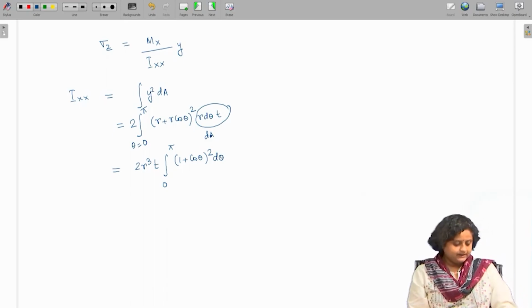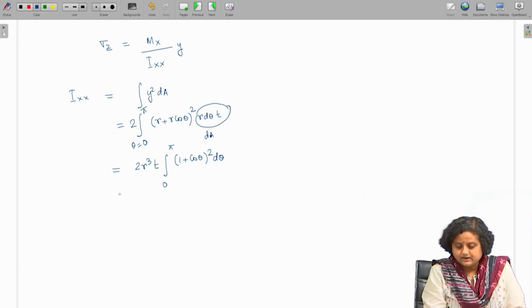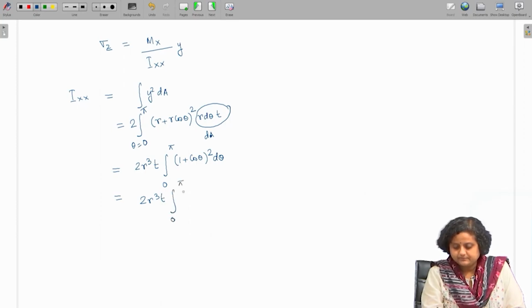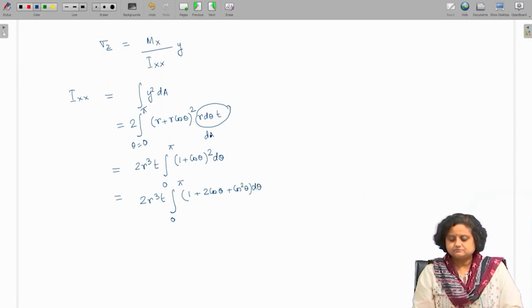So, the entire integral boils down to finding out this. If we expand this, this is going to be 2 r cube t, 0 to pi, 1 plus 2 cos theta plus cos square theta into d theta.